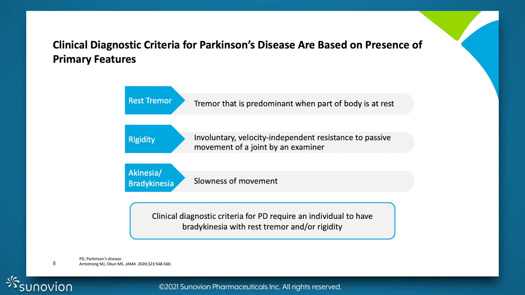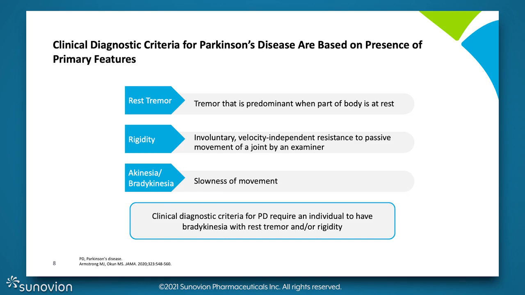So if you move the elbow to and fro, you'll feel a resistance to that passive movement. And it isn't dependent on how fast you stretch the movement. That's why it's velocity independent. The increased tone that we feel after a stroke, which is spasticity, is velocity dependent. Rigidity is velocity independent. You feel the same resistance despite any change in the velocity of the stretch of that muscle.